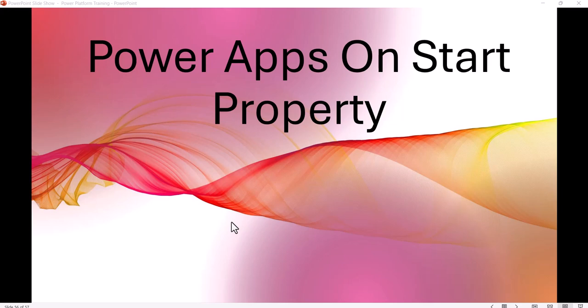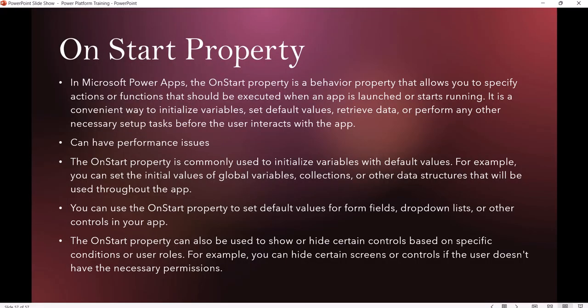One of the important properties, and one you will mostly use while developing an app, is the OnStart property. This is a property where you can specify some actions or functions that will execute whenever the app is launched, or whenever you start running it.